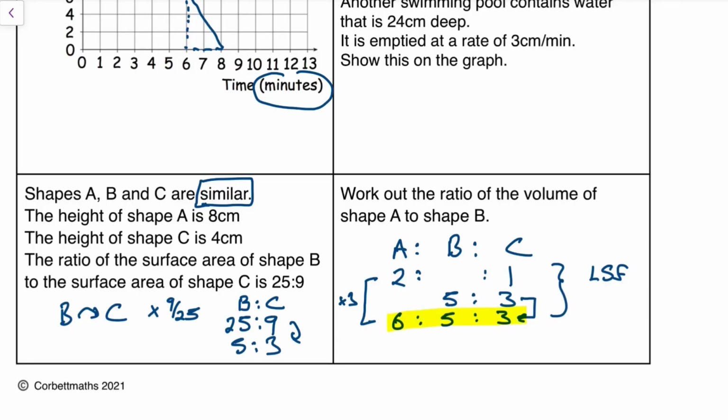Now, if those are the length scale factors, the volume scale factors are the cube of this, which is going to be 216 to 125 to 27. What does the question want? Question says, work out the ratio of the volume of the shape A to the shape B. There we go. So the volume of A to the volume of B is going to be 216 to 125.